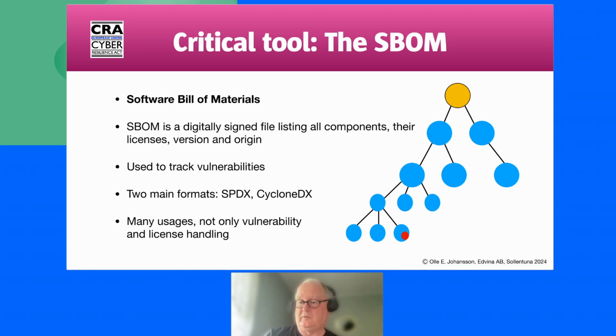Both are today international standards. And you have many usages of this. It started with open source license compliance, but now a lot of the focus, because of legislations like the CRA and other legislations worldwide, is vulnerability and vulnerability handling.